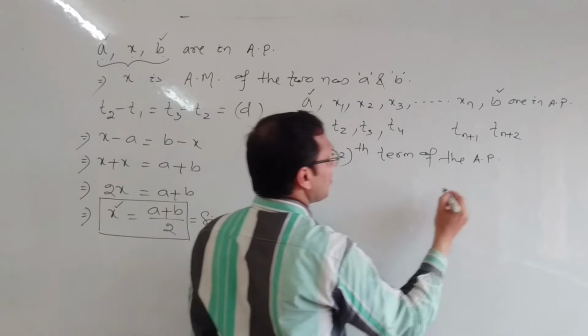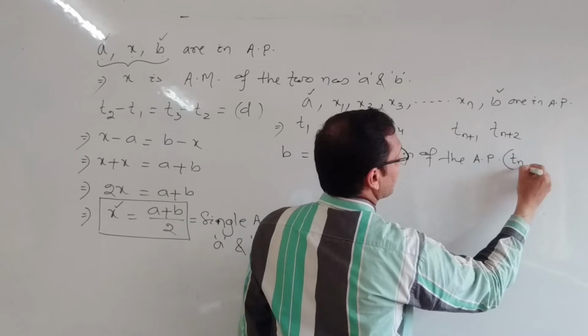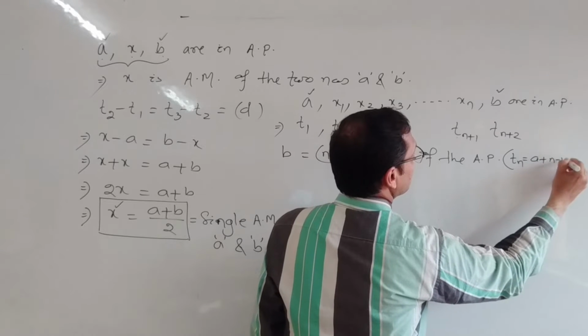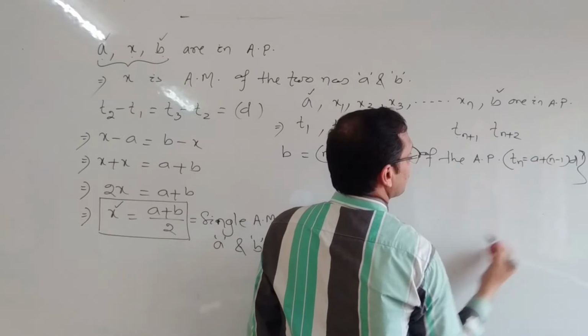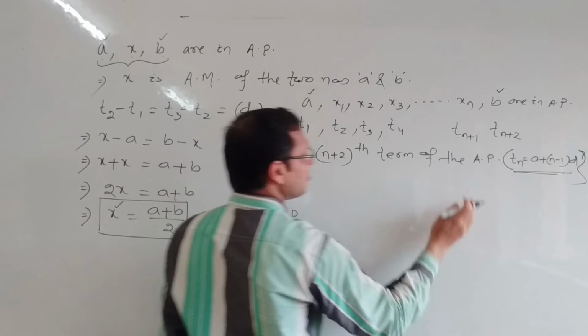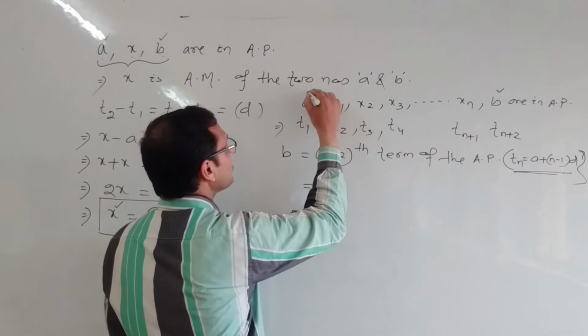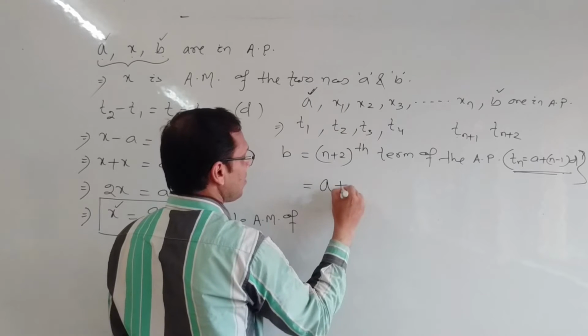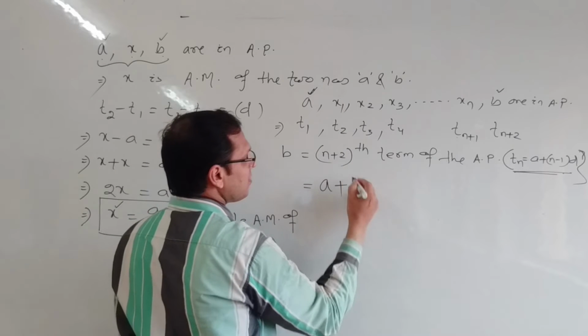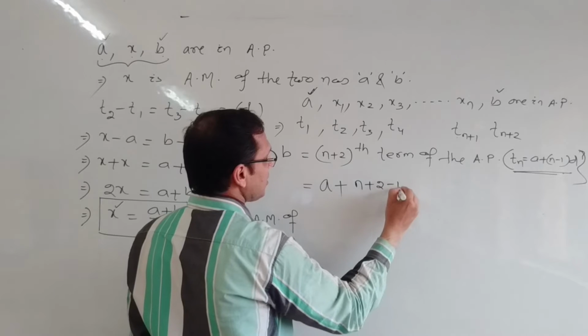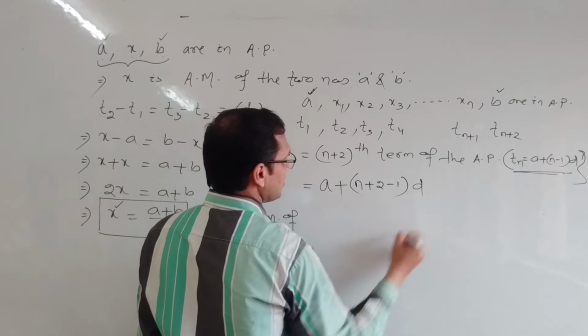So with the help of Tn is equal to a plus (n minus 1) into d, all of you know this formula. Using this formula, here the first term is a. So a plus (n plus 2 minus 1) into d is equal to b.